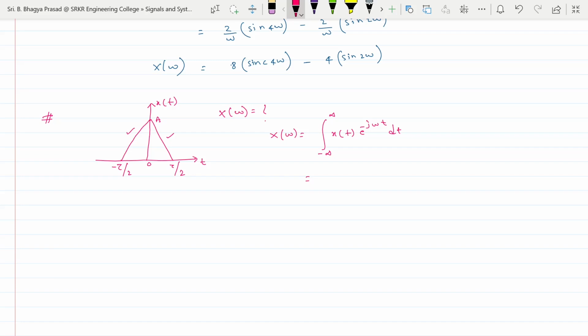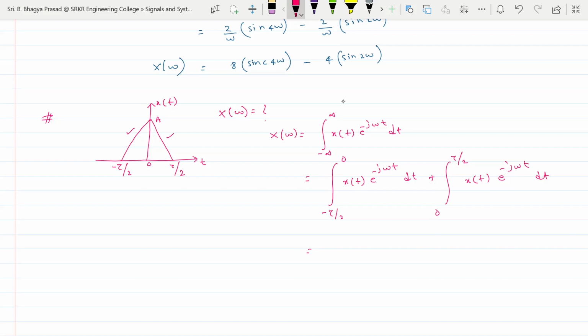So we can take minus tau by 2 to 0 x of t e power minus j omega t dt plus 0 to tau by 2 x of t e power minus j omega t dt.